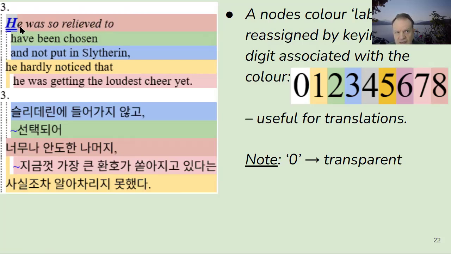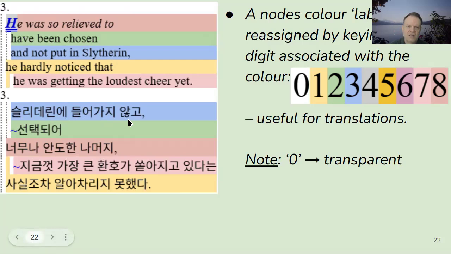So you can say he was so relieved. It's useful to use this labeling to highlight the same clause in the translation. He was so relieved, then we've got green, have been chosen, and put into Slytherin.